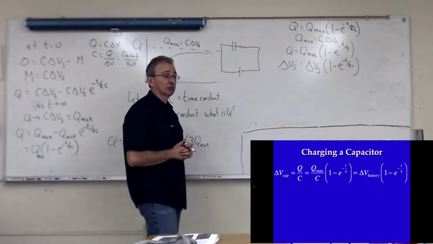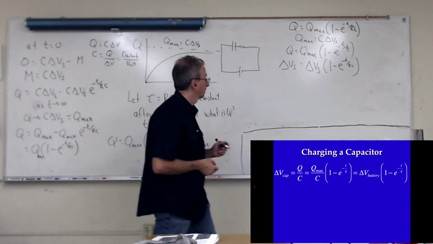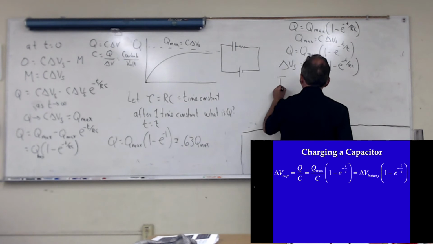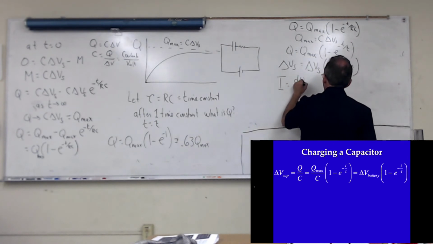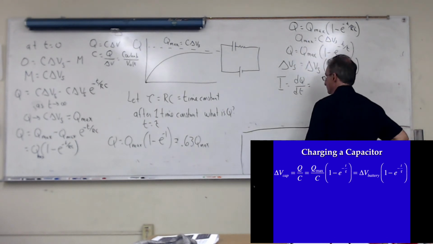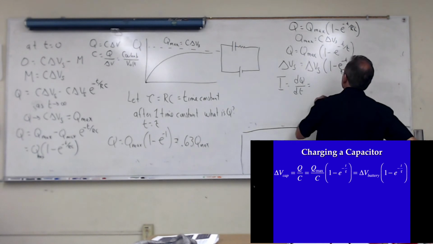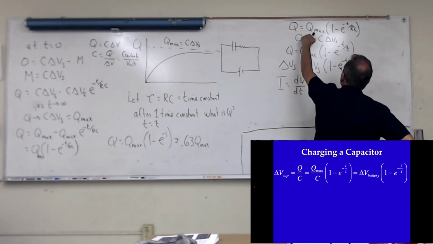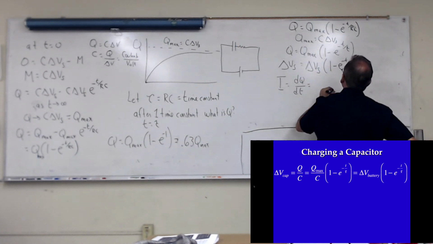What is the current in my circuit? Well, I is dq over dt. So I take the derivative of this with respect to time. Okay, so if I take the derivative of this with respect to time, I'm going to get what?